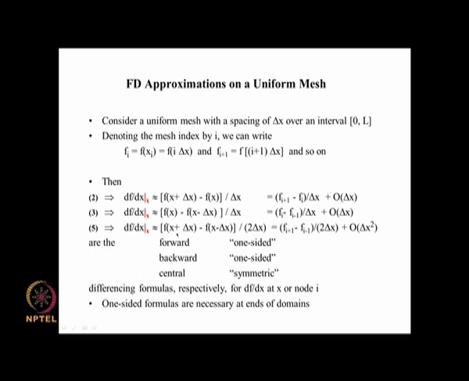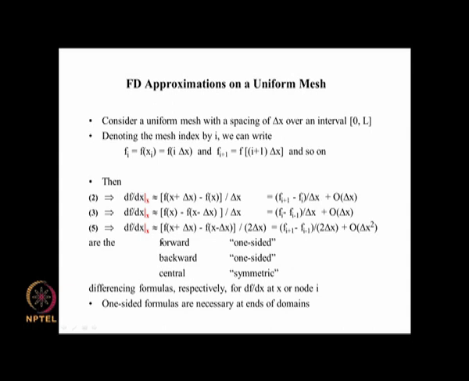And in this, the value of the first derivative at x is expressed in terms of the two neighboring points, f of I plus 1 minus f of I minus 1 divided by 2 delta x. Because the distance between these 2 points is 2 delta x here, we get a central differencing scheme.